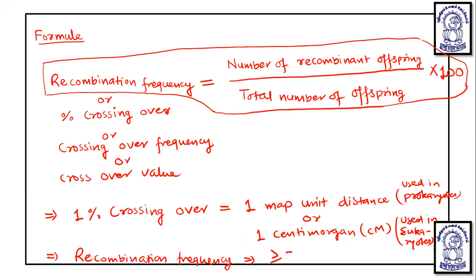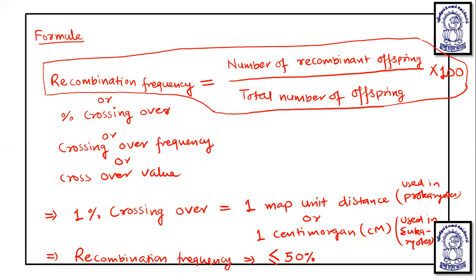Sorry, I mean the maximum it is going to be only 50%. Greater than 50% recombination frequency cannot be observed. So this is one of the important things which you will see here.